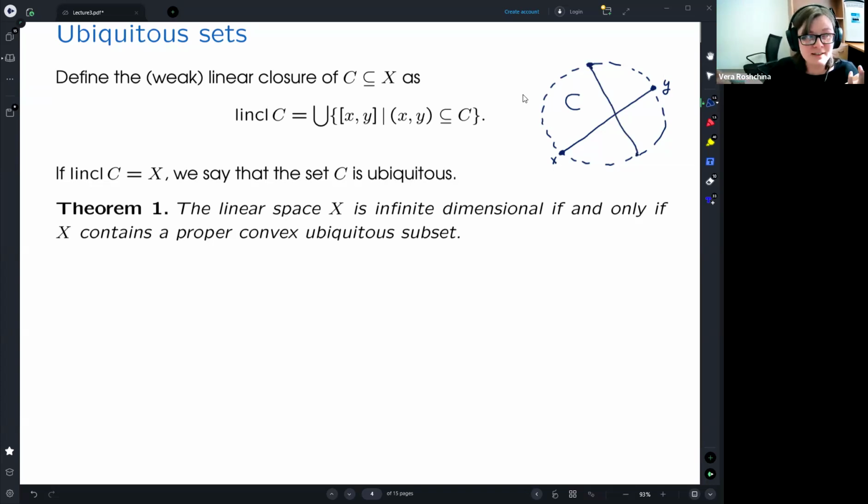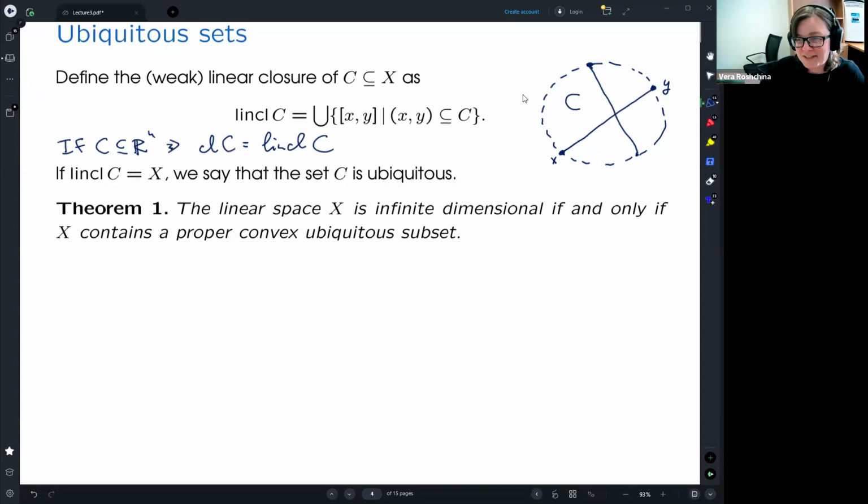So there is nothing else in the closure of the convex set. I just close all line segments and that gives me the closure, right? So if my convex set was in Rn, then I will just get the topological closure of my convex set.